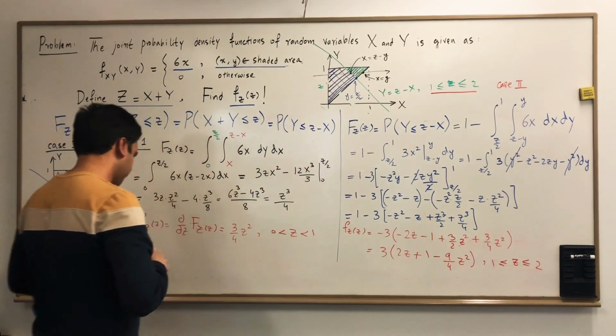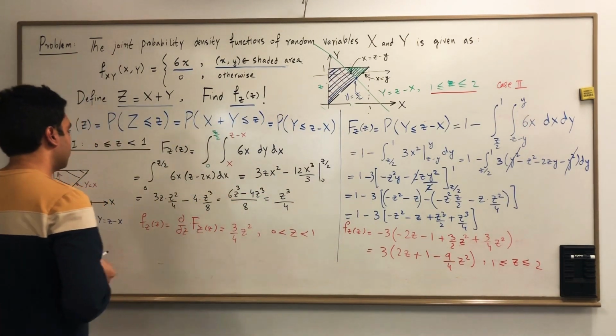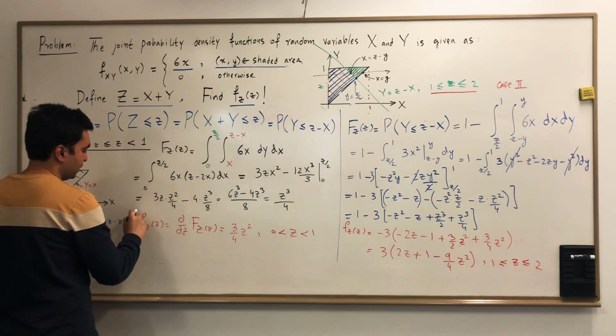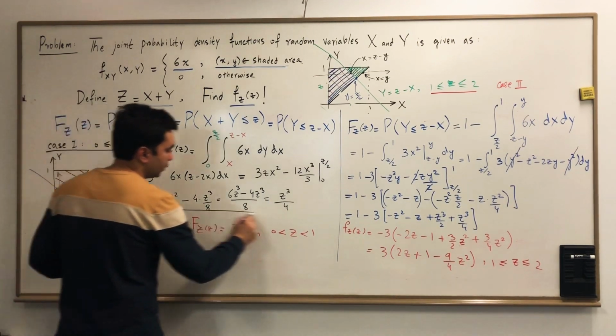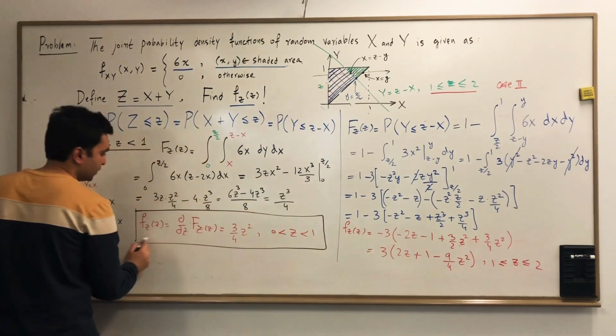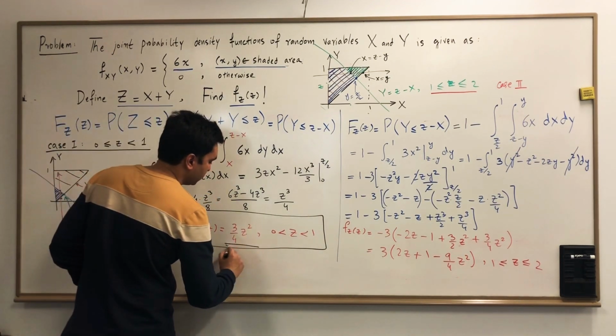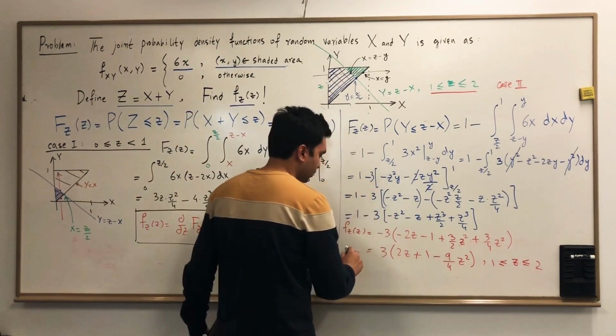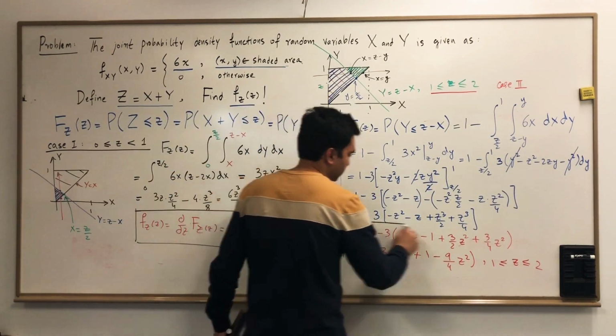So there we are. We've obtained the density function of z, and this density function is in two parts. One is when z is between 0 and 1, the density is 3 over 4 z squared, and when z is between 1 and 2, this is the density function here.